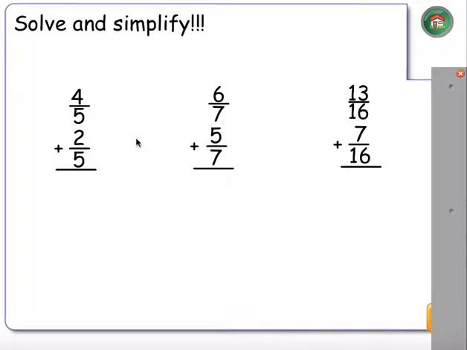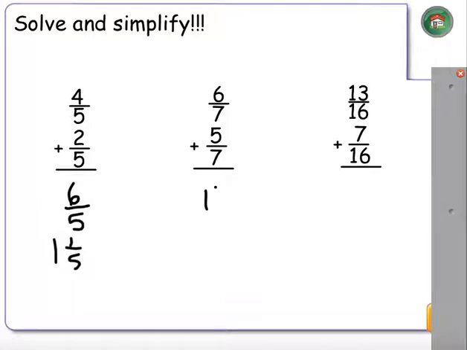So when we look at these types of examples, 4/5 plus 2/5, 6/7 plus 5/7, 13/16 plus 7/16. What's good about these is that we have common denominators, so we can just add the numerators. So we would get 6/5, or you could say this is 1 and 1/5.